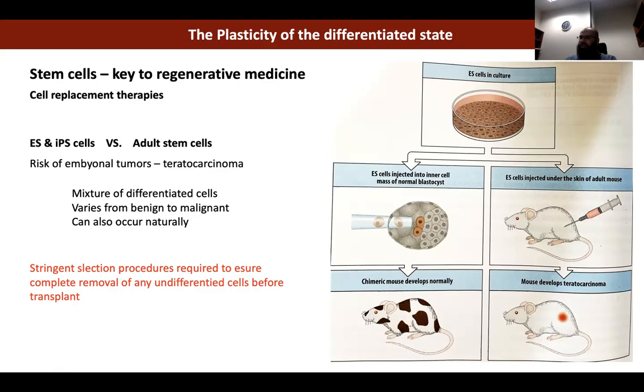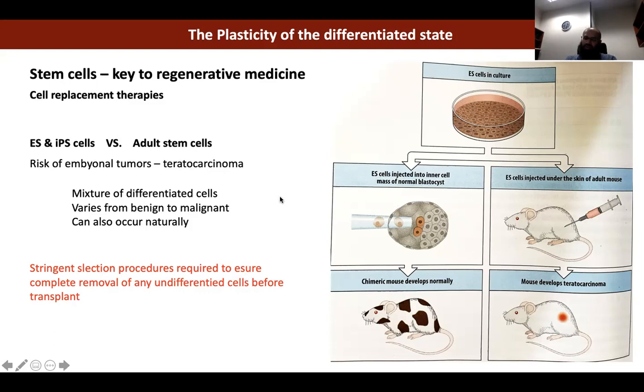The important consideration is that before therapeutically injecting it into a patient, it's very important to make sure that there are no undifferentiated cells still present in that mass of cells you are injecting.